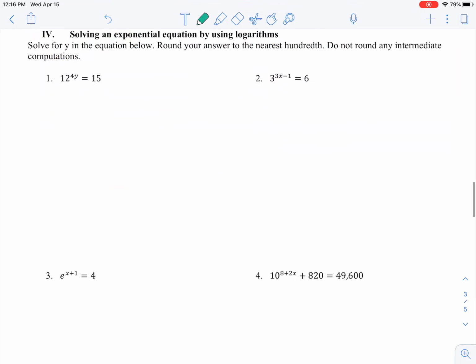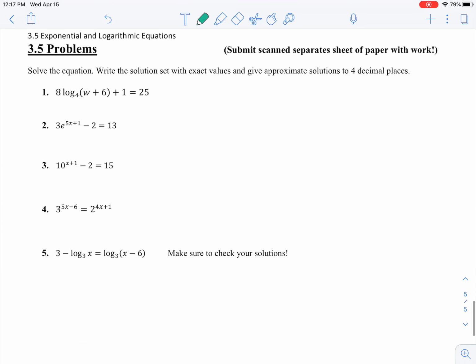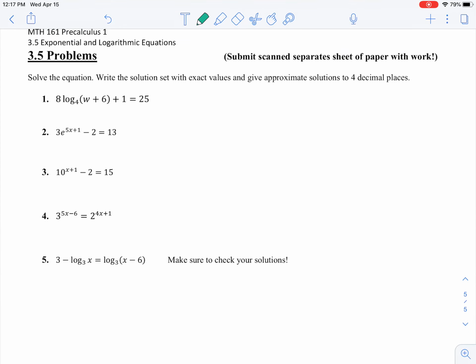So that was it for just a couple examples of solving logarithmic equations. What I want you to try now is number 1 and number 5 on the 3.5 problems.